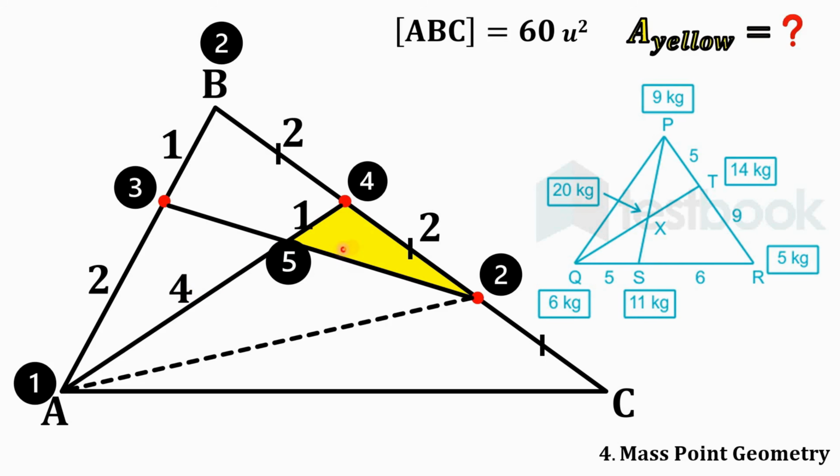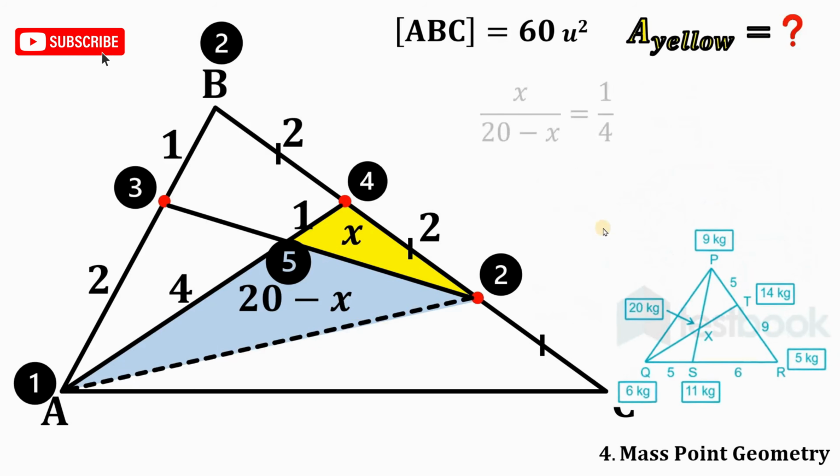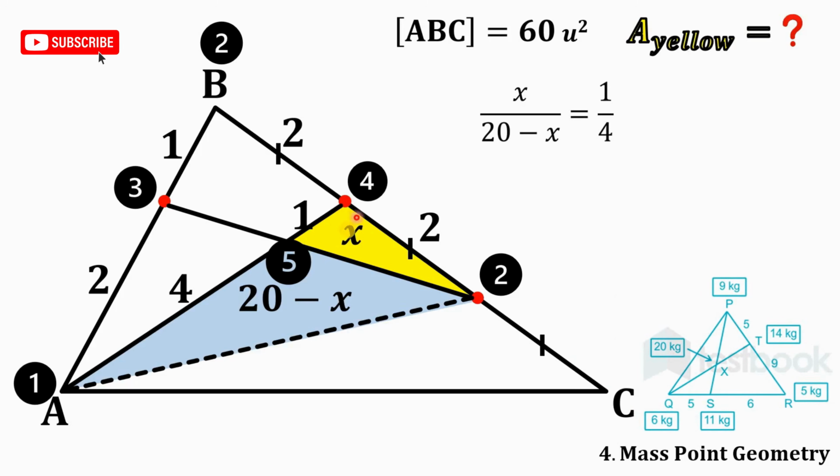Now, let x be the area of this yellow triangle. Also, we know the area of this blue triangle, we have 20 minus x. And again, we will use what we call the ratio of areas. So these two triangles having the same height, therefore the ratio of their areas must be equal to the ratio of their bases. So x over 20 minus x simply equal to 1 is to 4.